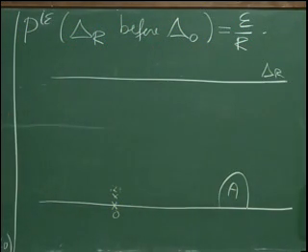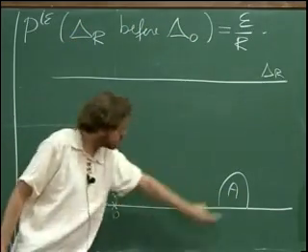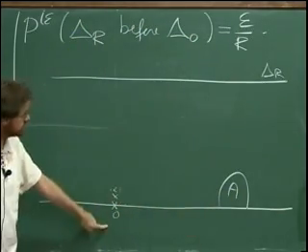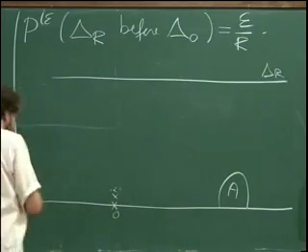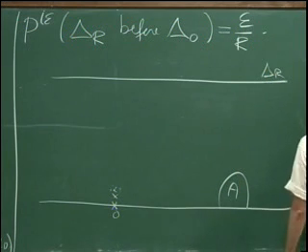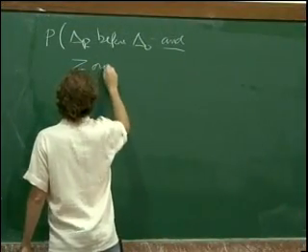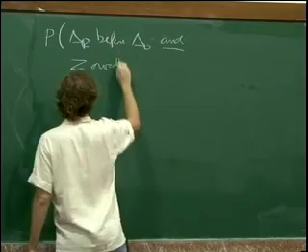So what is the probability for Brownian motion starting here that I avoid A and I touch i r before I touch the real axis? So the probability that it reaches i r before the real axis and avoids A.